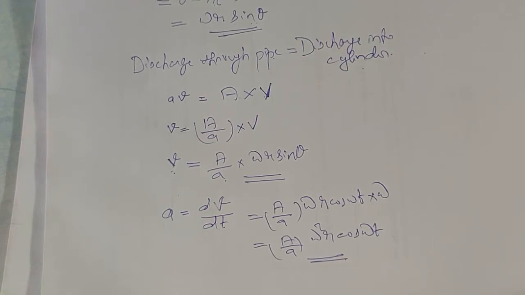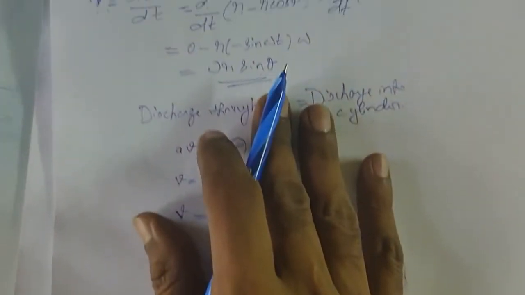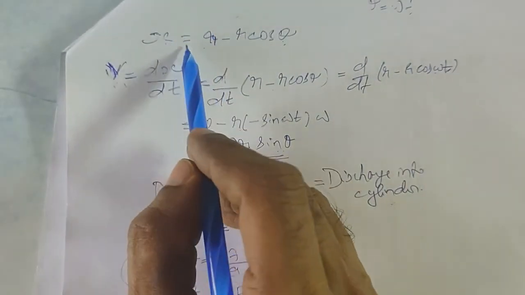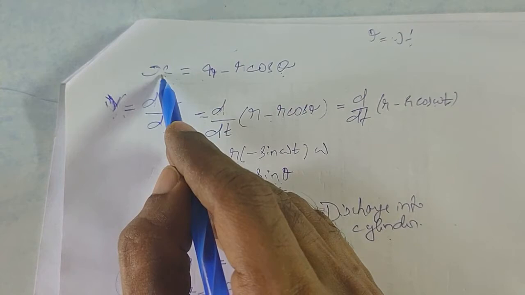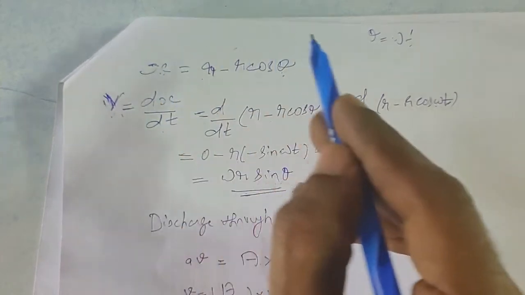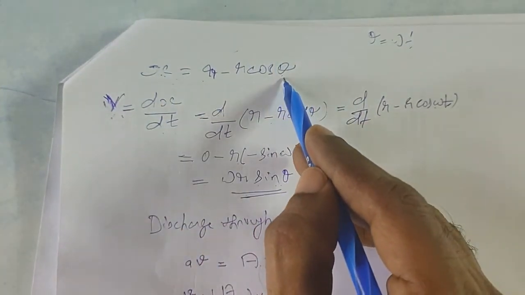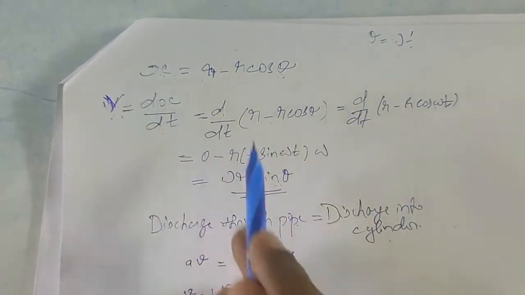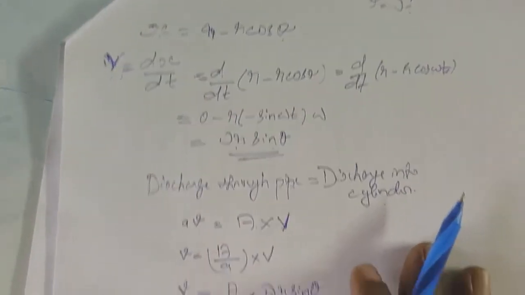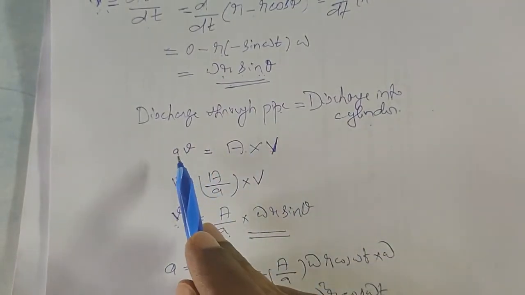Okay. So this is the distance x moved by the piston when the crank rotates through an angle theta. On differentiating, we will get the velocity of the piston. Then we will apply the continuity equation.